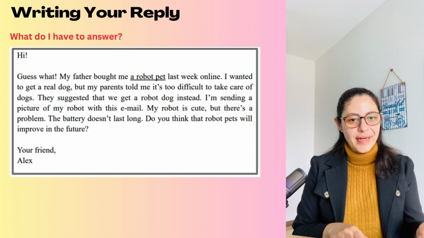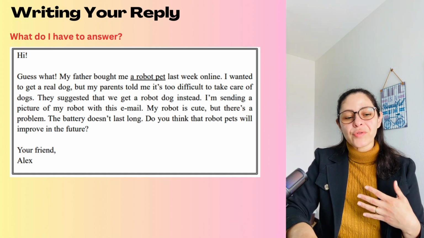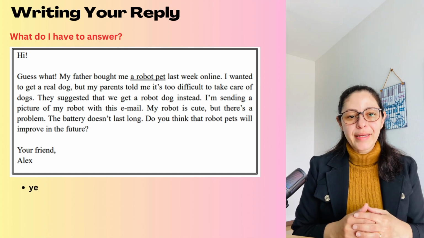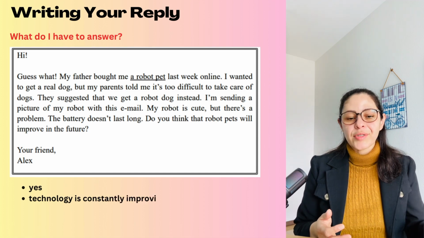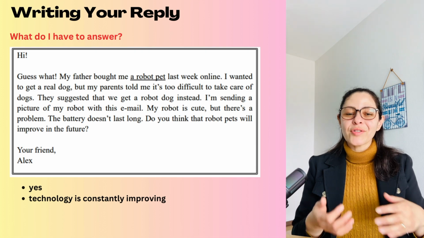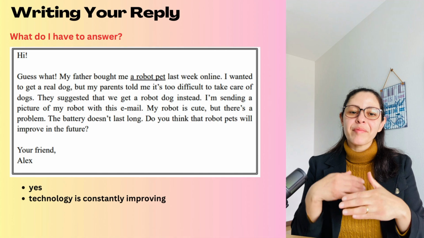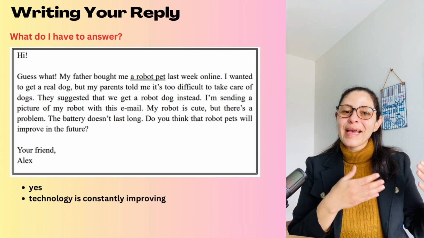So let's start writing. The first thing you guys have to do, remember, is that you have to answer the question, yes or no. In my case, I said yes, okay, because technology is constantly improving, right? This means that technology is always getting better, okay? Constantly means something that happens always. And improving is something that is getting better.